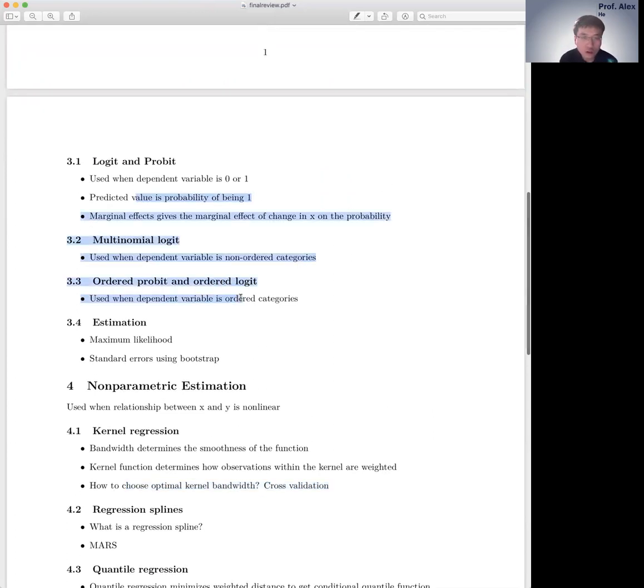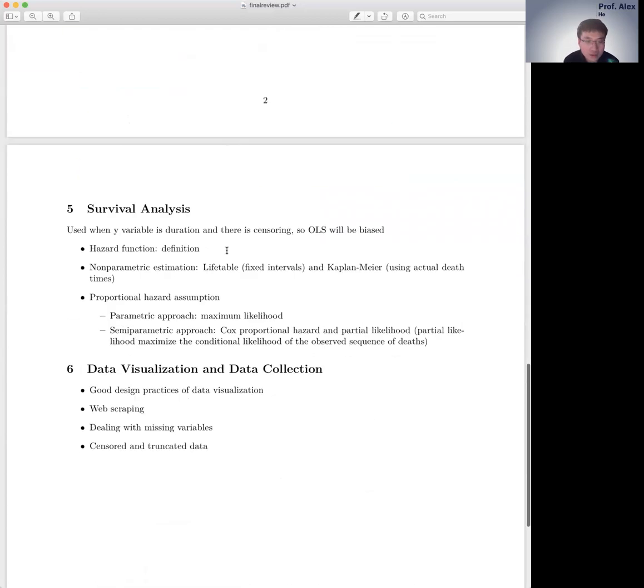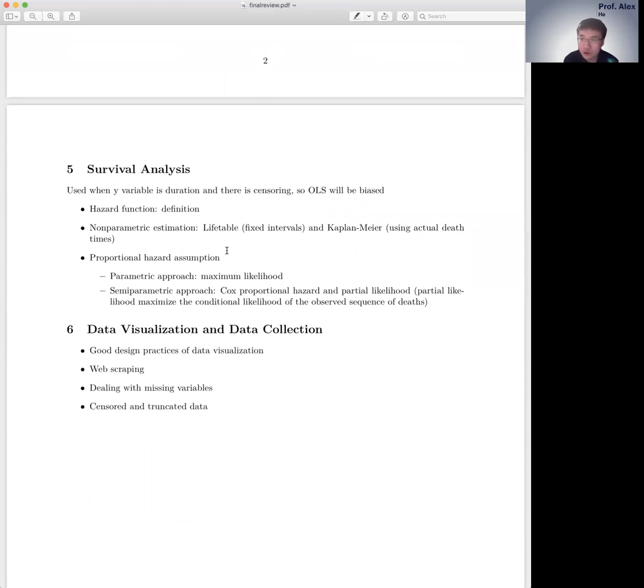For logit and probit, the way you evaluate the fit of the model is the ROC curve, okay? And for the survival analysis, we have the concordance index, which is to take all the pairs and calculate for each pair whether we get it right or wrong, who lives longer. Okay.